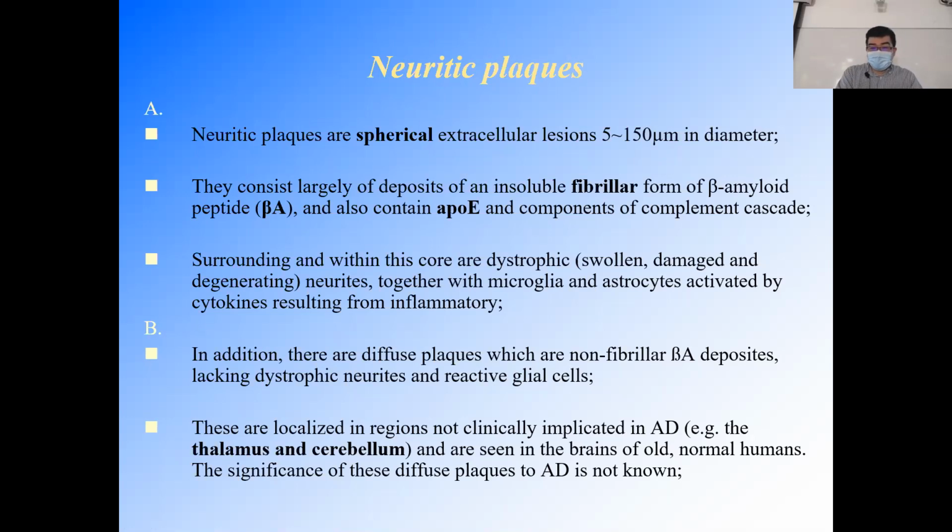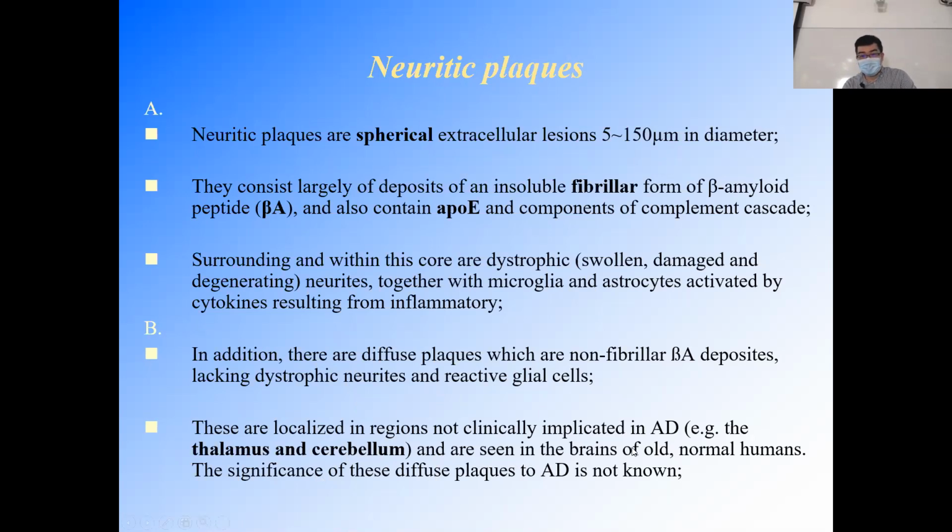Those diffuse plaques are actually in regions that are not clinically implicated in Alzheimer's disease, for example the thalamus and cerebellum. Some of them you can even see in the brains of normal humans.